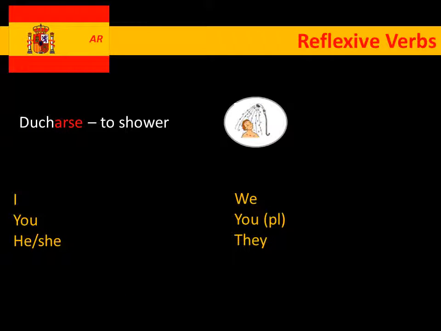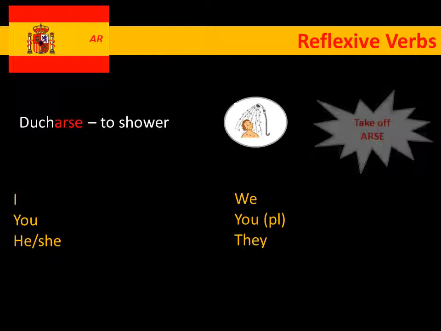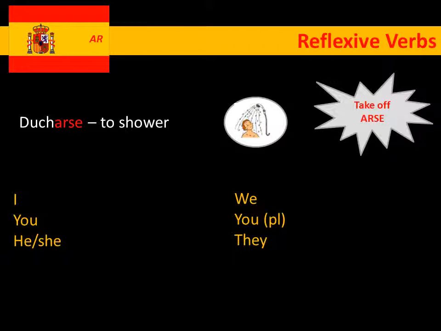We're going to look at ducharse, to shower oneself. So just like normal, we have the 6 different persons of the verb. First of all, we're going to take off the "arse" to make sure that we just have a normal verb. So imagining it's a normal verb, we've got duch. So we've got our little stems here.